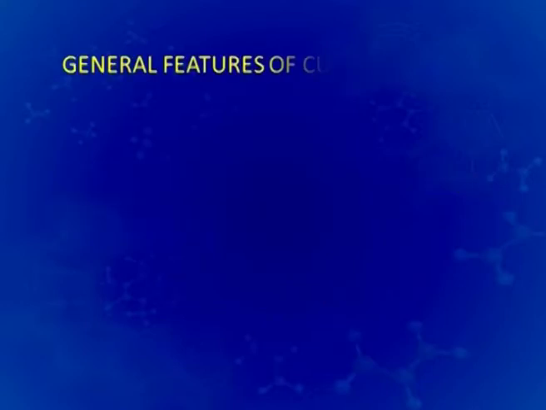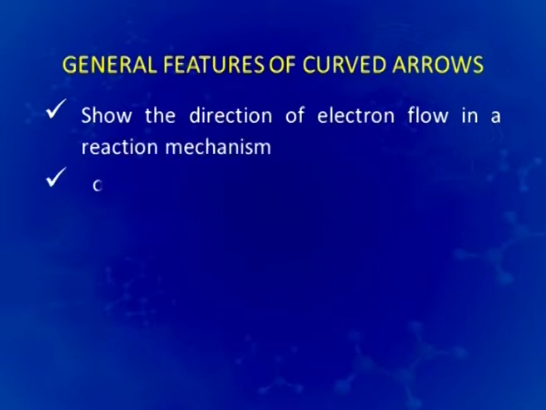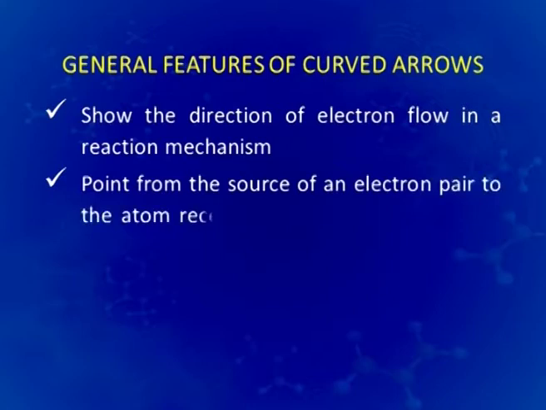There are some general features of curved arrows which can be listed. They show the direction of electron flow in a reaction mechanism, as we saw, and generally point from the source of an electron pair to the atom receiving the pair.